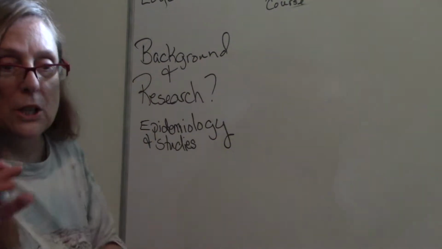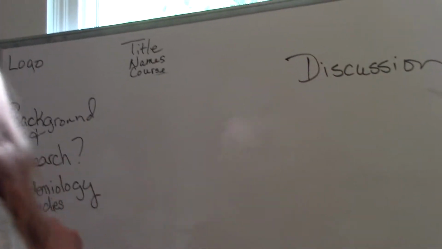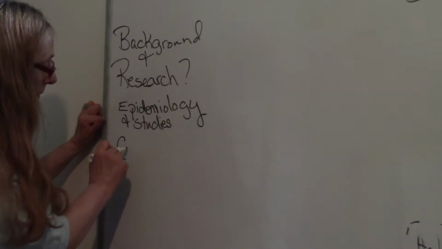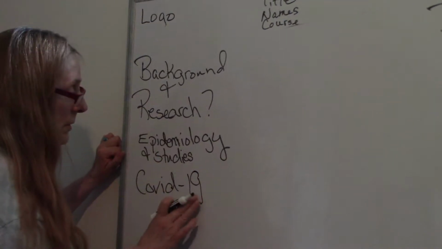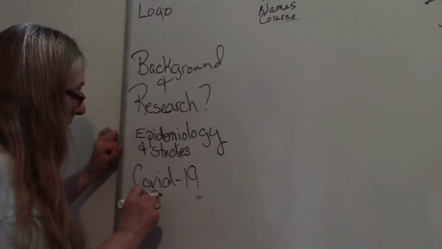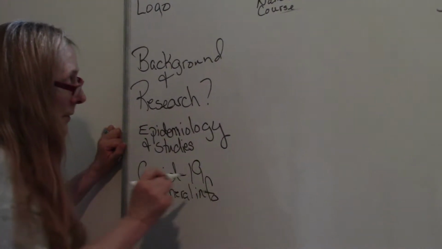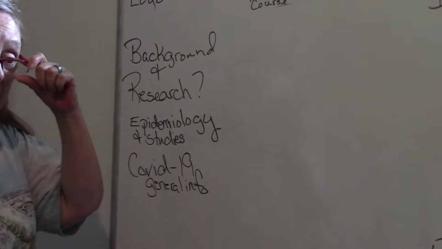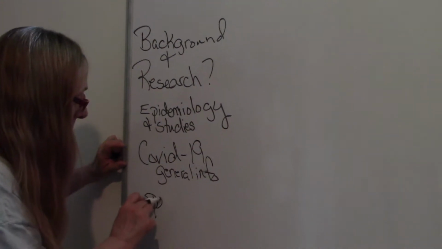Then, and let me check and make sure I'm consistent with what I said. Okay, then COVID. Some general information about this horrible virus, okay? And then you get to your specifics.